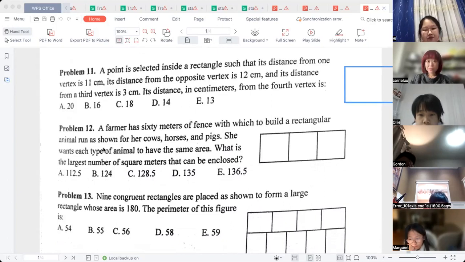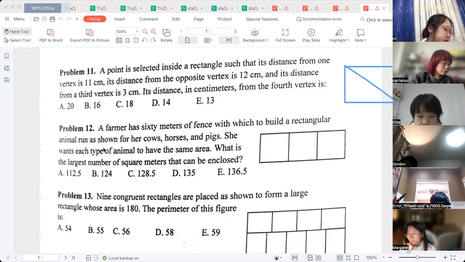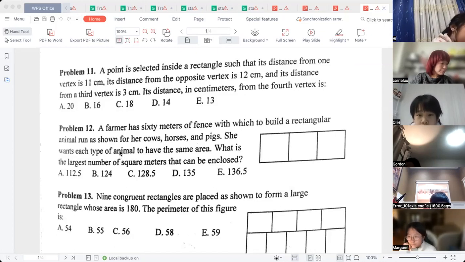Okay. Everybody, for this question, there's no graph offered, right, Ollie? In the AMC 8, there are a lot of questions where no graph is offered. That means you need to graph it yourself. Get it, everybody? You need to learn how to graph yourself. So let's take a look at this one. The point is selected inside a rectangle such that the distance from one vertex is 11.